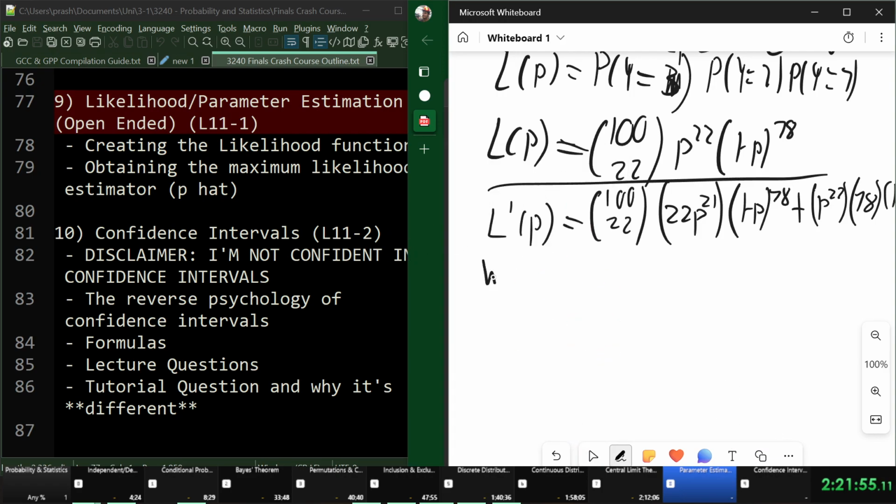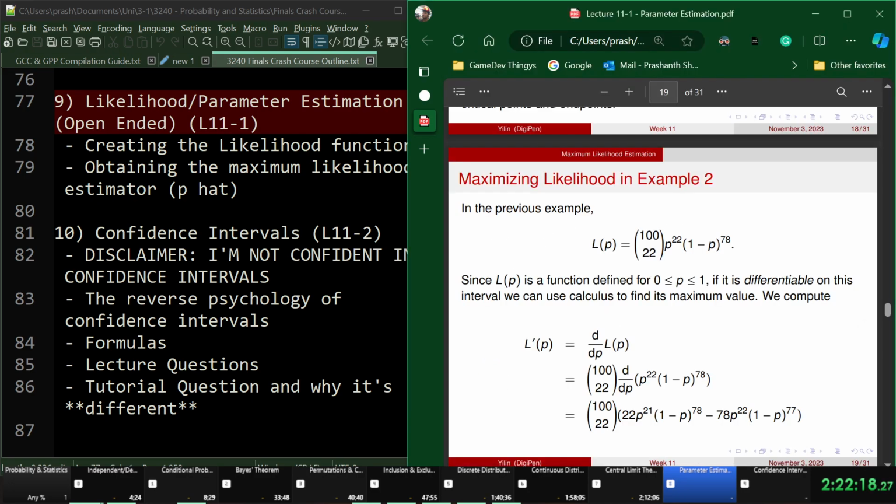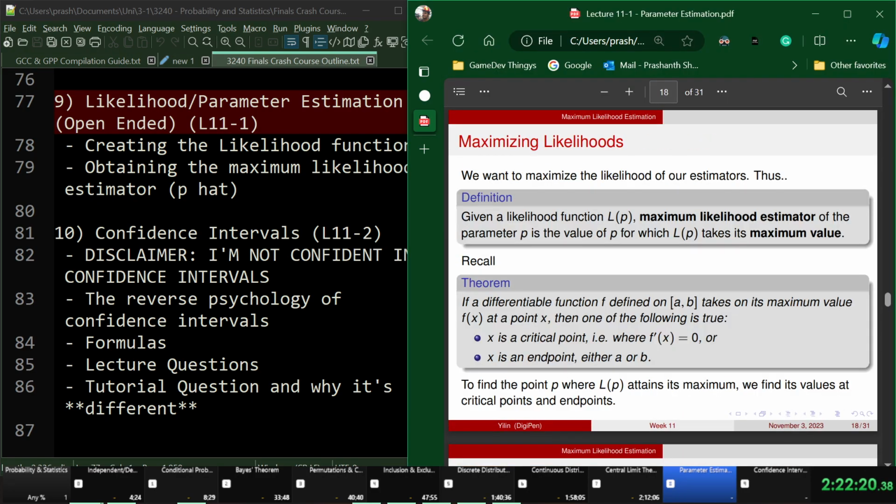So when L prime p equals 0, this entire chunk is equal to 0, and you can solve and find a value for p most of the time. It tends to be a value between 0 and 1 if p is a probability.